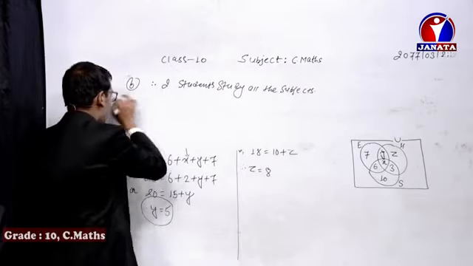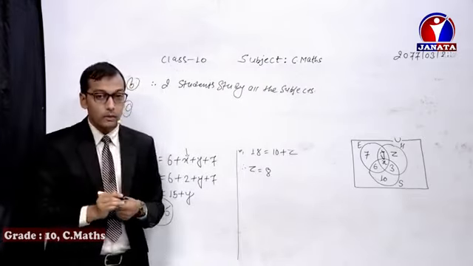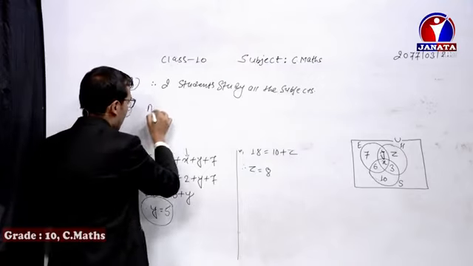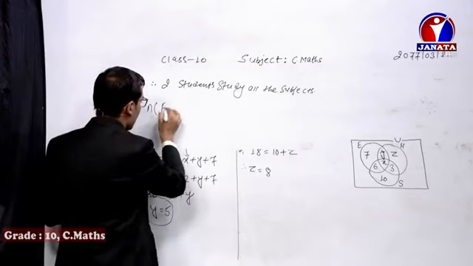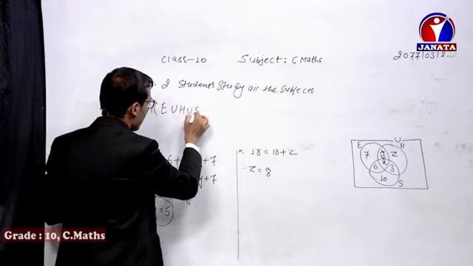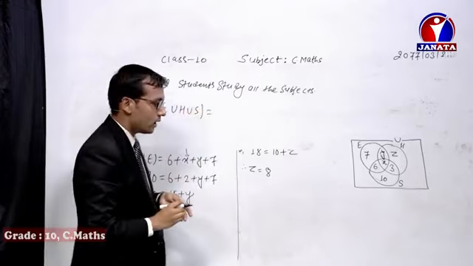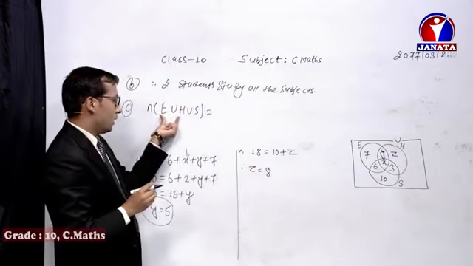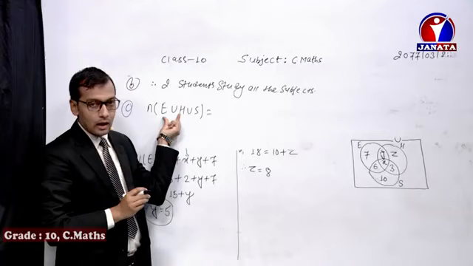The third part is to find the total number of students. That means n of E union H union S. Here there is no complement at all, so n of U and the union of the 3 sets are equal.